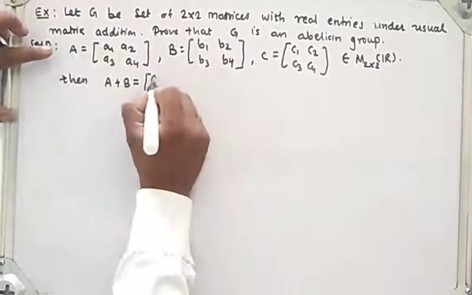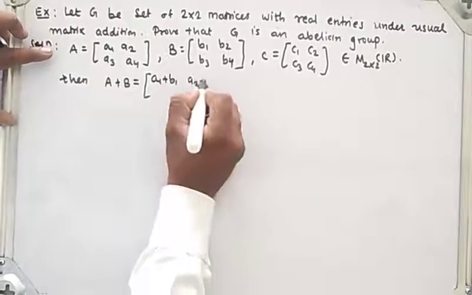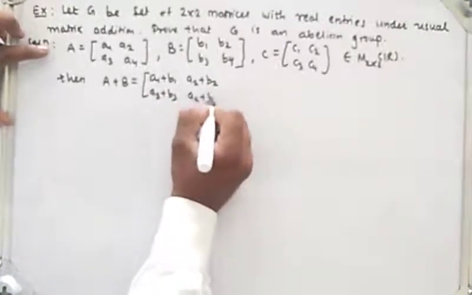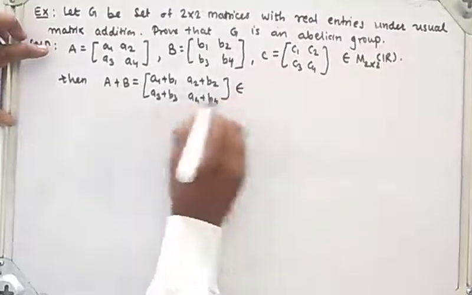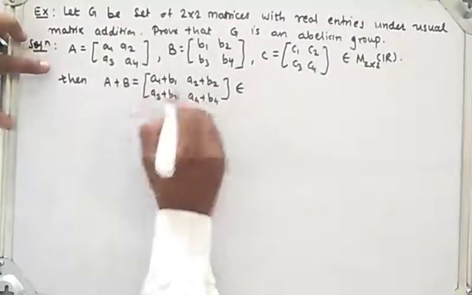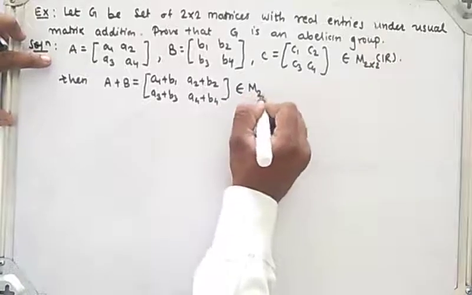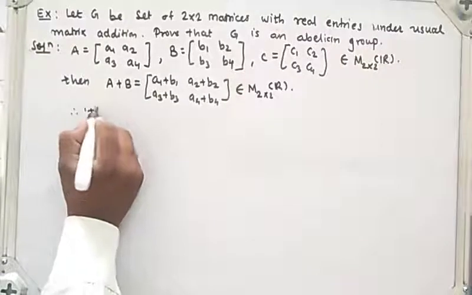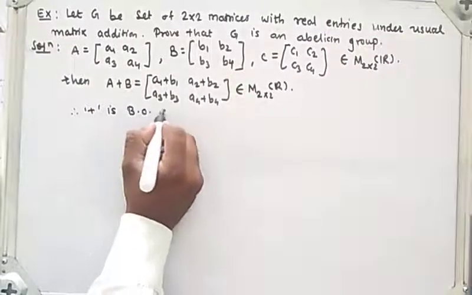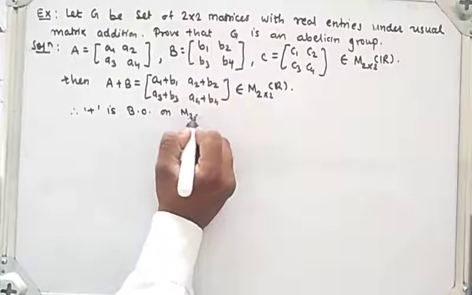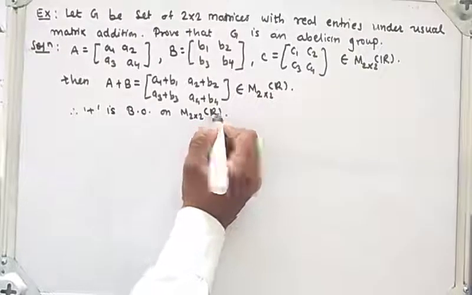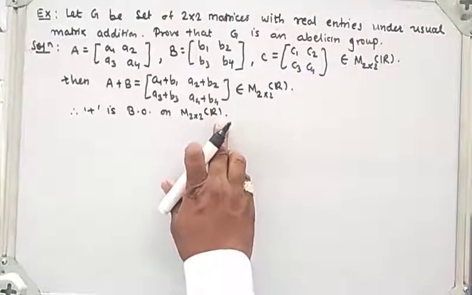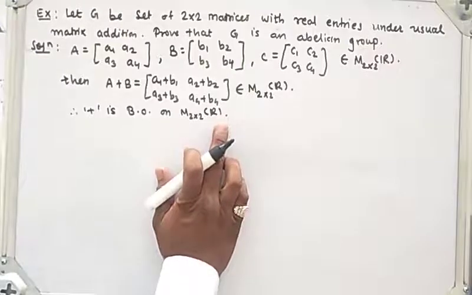A plus B is A1 plus B1, A2 plus B2, A3 plus B3, A4 plus B4, which again belongs to the set of 2 by 2 matrices whose entries are real numbers. Therefore addition is a binary operation on M 2 by 2 (R). This is the notation for the set of all 2 by 2 matrices over real entries. Now next we will check associativity.